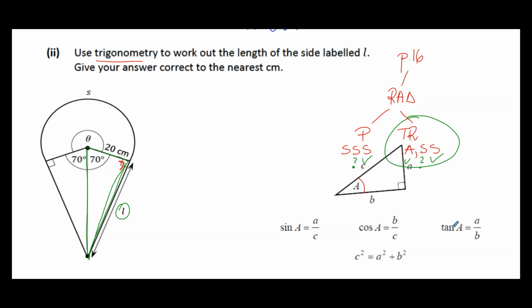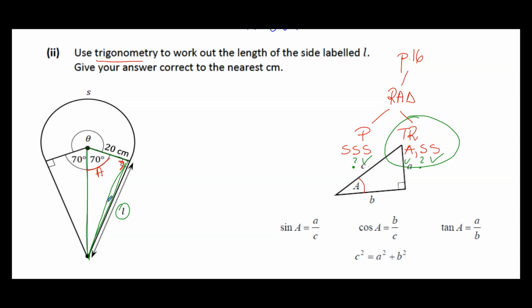Is it cos? Is it tan that we're going to use? Okay, so capital A, small a and small b, where is that in our triangle? How do we know? Well, we always start with an angle. So this angle is the angle that is given to us. Therefore, we're going to say that's the capital A. Now, as you can observe in your table, opposite that angle you have small a.